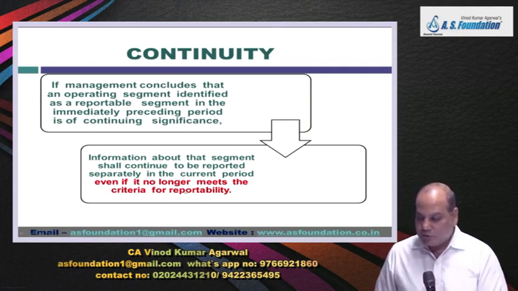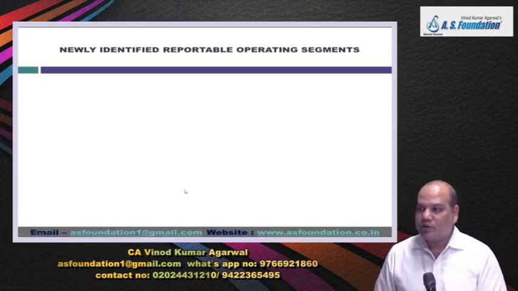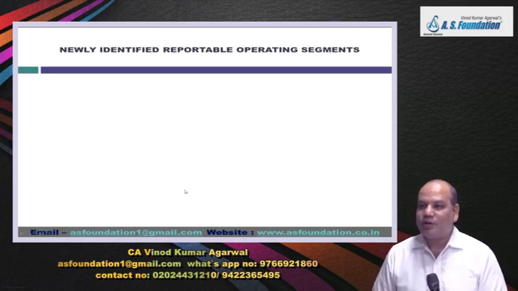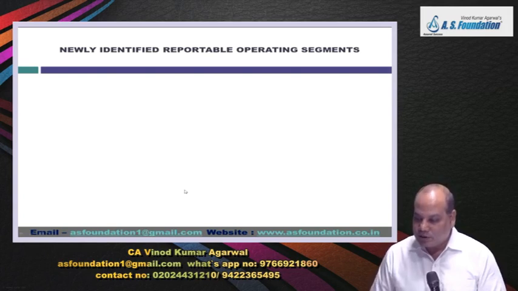So last year it was identified as a reportable segment. This year it may not be. Last year it may have met the 10% condition. This year it may not. But the management thinks that it is important to disclose this segment this year also. So they can disclose it.